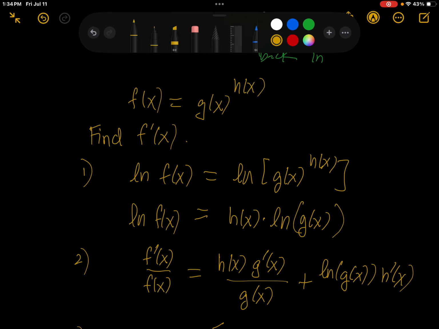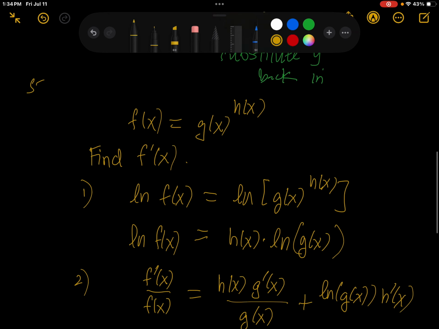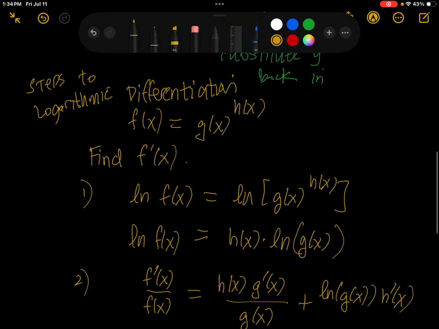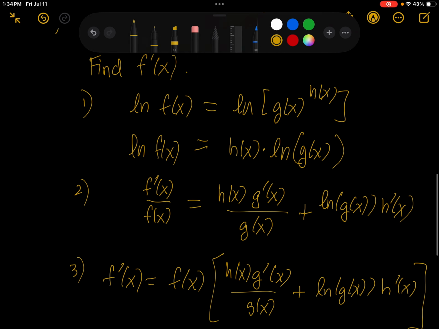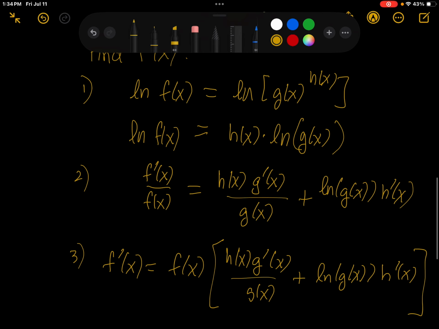You can always do this whenever you have a function of x raised to the power of a function of x. These are the steps to logarithmic differentiation. And as you can see, it's always going to work, as long as your function is positive.